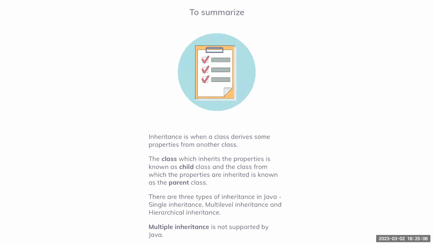To summarize, we learned about various types of inheritance, how they can be utilized in our programs, what the syntax is, and that multiple inheritance is not supported by Java.